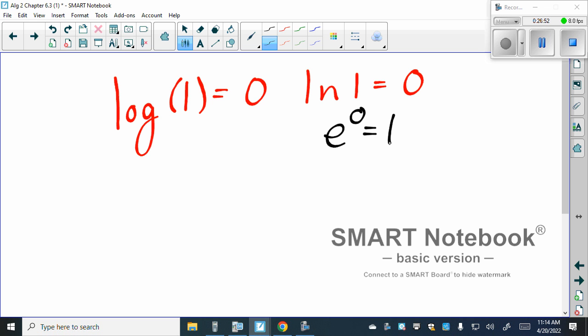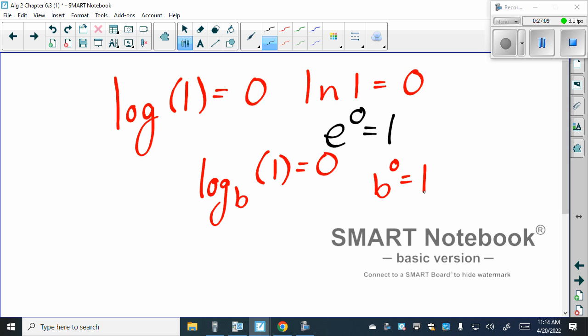So for a logarithm, no matter what the base, one of our properties is that log base b of 1 is always 0, because this is just saying b to the 0 power is 1. Anything to the 0 power except for 0 is always 1. So that's it. Questions on any of this here?